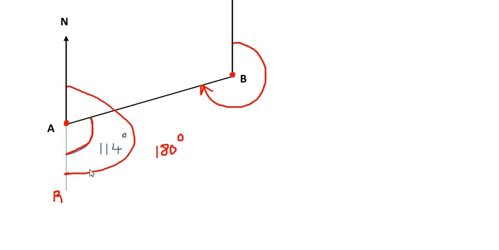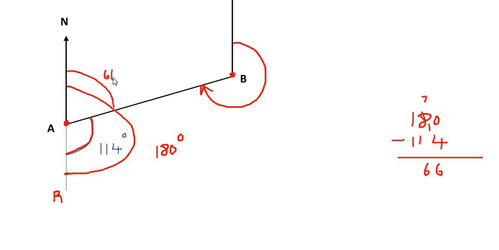So if out of 180 degrees 114 is gone, then we are left with 180 minus 114. So let's see how much we get. We get 66 degrees. Let me erase the rest.